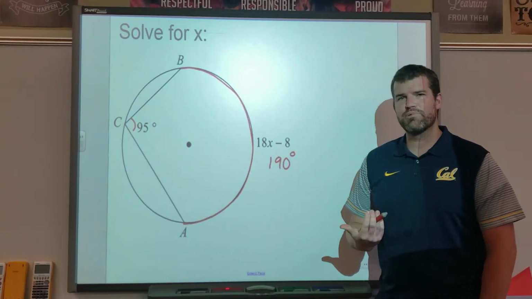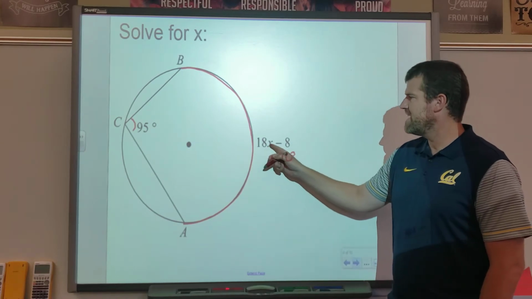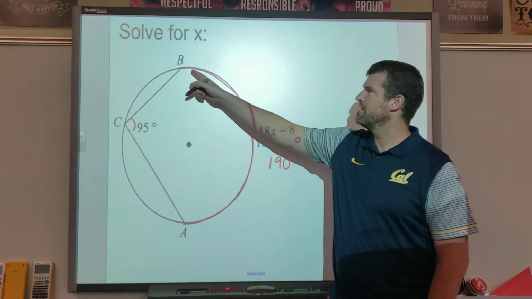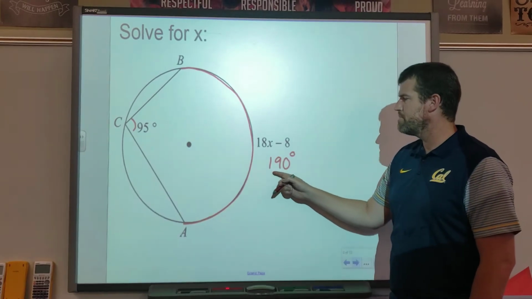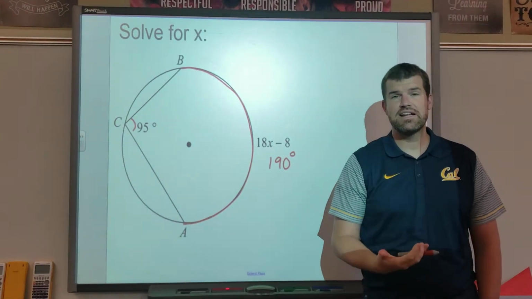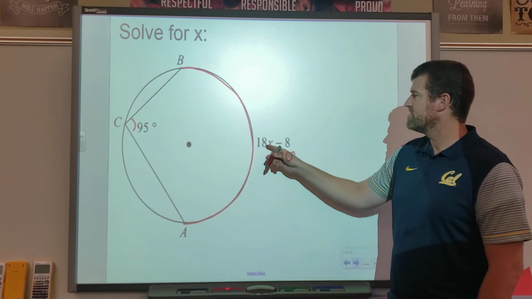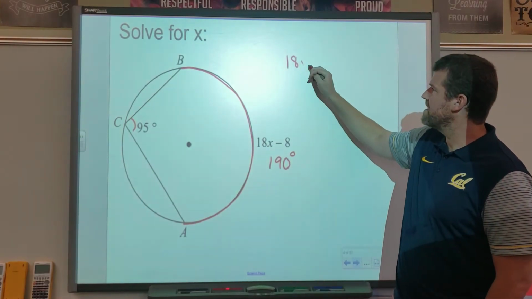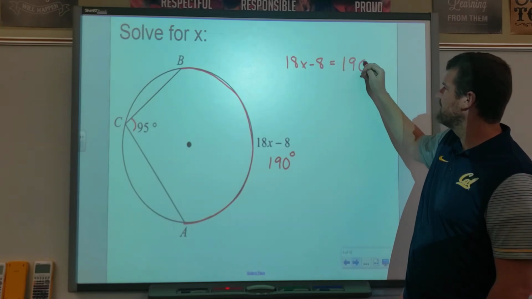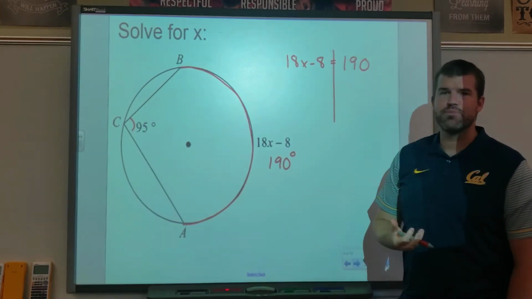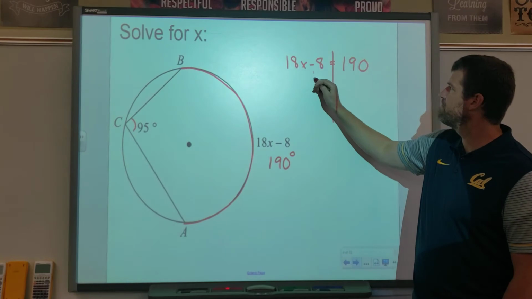Well, then the rest of this is pretty simple. I know that 18x minus 8 is representing the measure of the arc. I just determined that the measure of the arc was 190 degrees. So now I can just set 18x minus 8 equal to 190. And from there, we can just go ahead and solve.